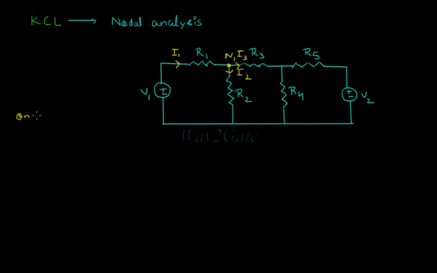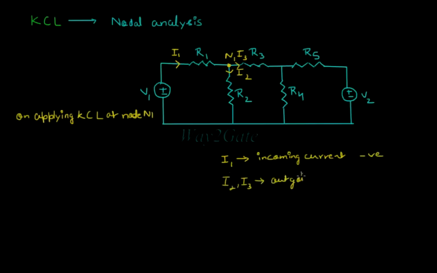On applying KCL at node N1, considering I1, that is the incoming current, as negative, and similarly I2 and I3, that is the outgoing currents, as positive, then minus I1 plus I2 plus I3 is equal to 0, or we can write I1 is equal to I2 plus I3.